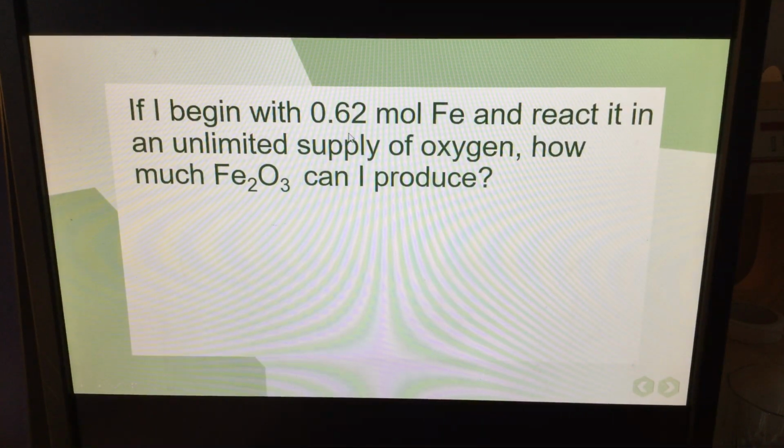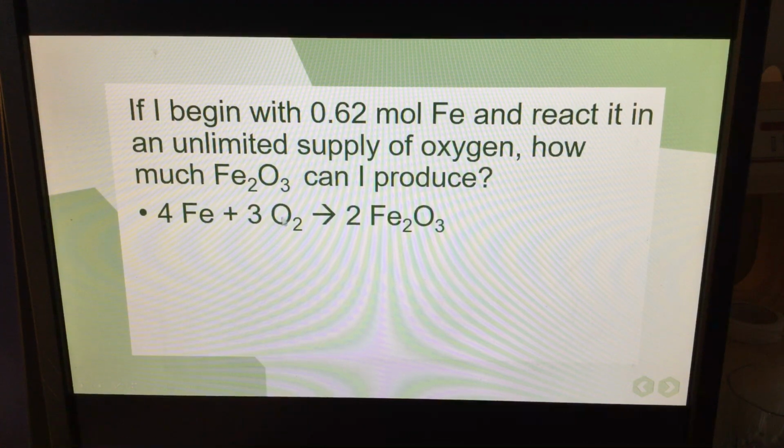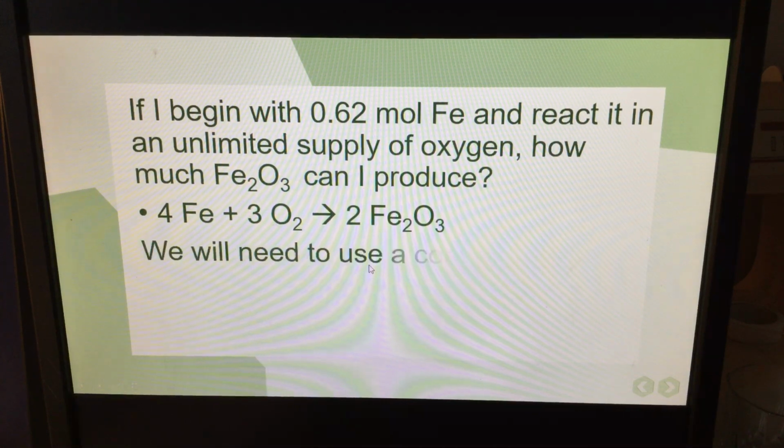Let's suppose we begin with 0.62 moles of iron and react it in an unlimited supply of oxygen. How much iron(III) oxide can we produce? All right, we take the same equation. We never change this balanced reaction, but we always need to use a conversion factor.